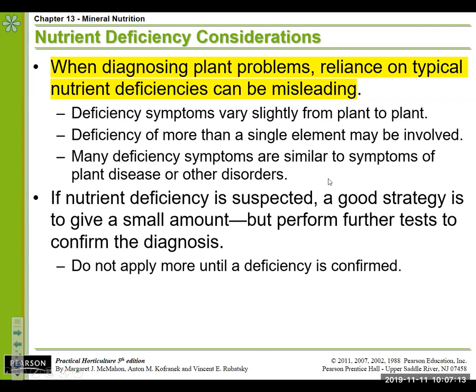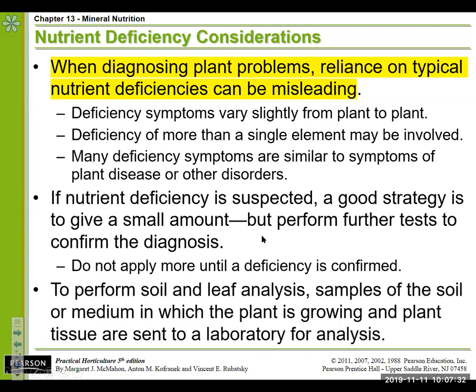If you do that test, it takes a while to get it back. So we might look at a particular plant and just apply a small amount of the nutrient, the element, to confirm or deny that diagnosis, and then not apply it until deficiency is confirmed, because that could just be a waste of money.